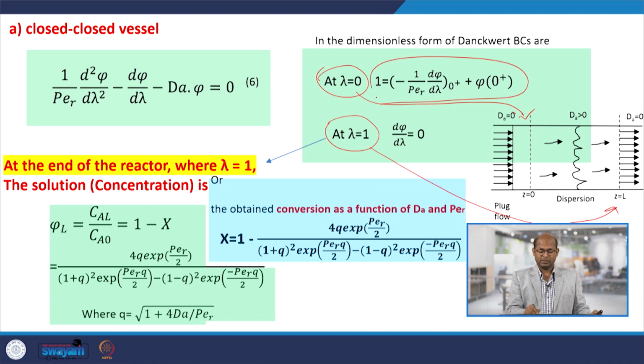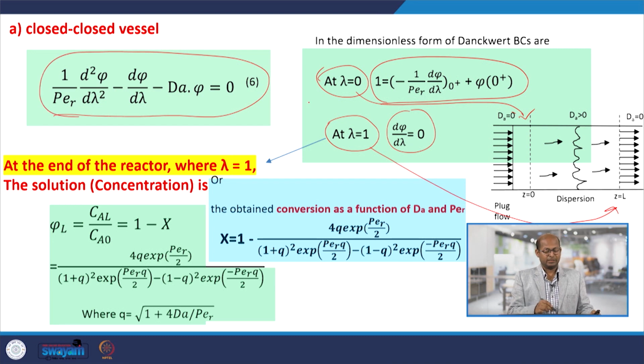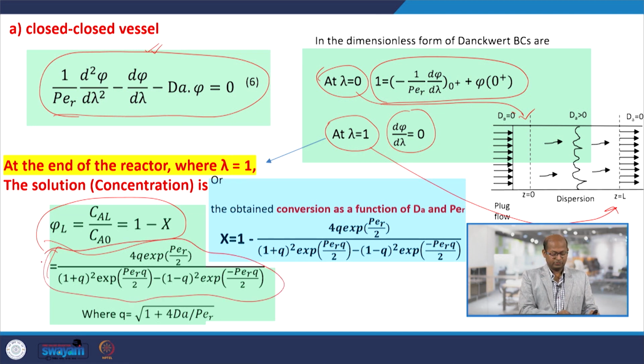These are the two boundary conditions we discussed in our last class, and these are the equations we have. Using these two boundary conditions and these equations for the reactions, if we solve, then the dimensionless concentration comes out as this. These equations would come.